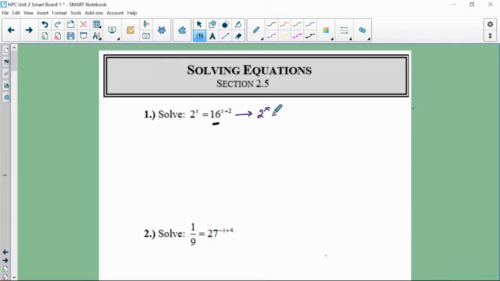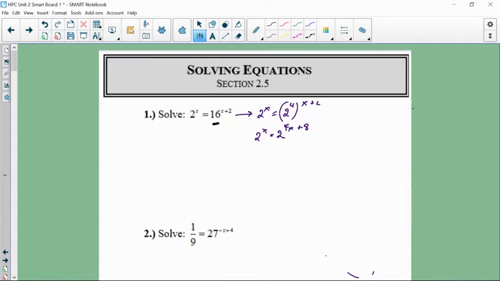So 2 to the x would stay, but 16 is 2 to the 4th power. So that is to the x plus 2 power. But when you have an exponent raised to an exponent, you can multiply. So I can get 2 to the x equals 2 to the 4x plus 8.